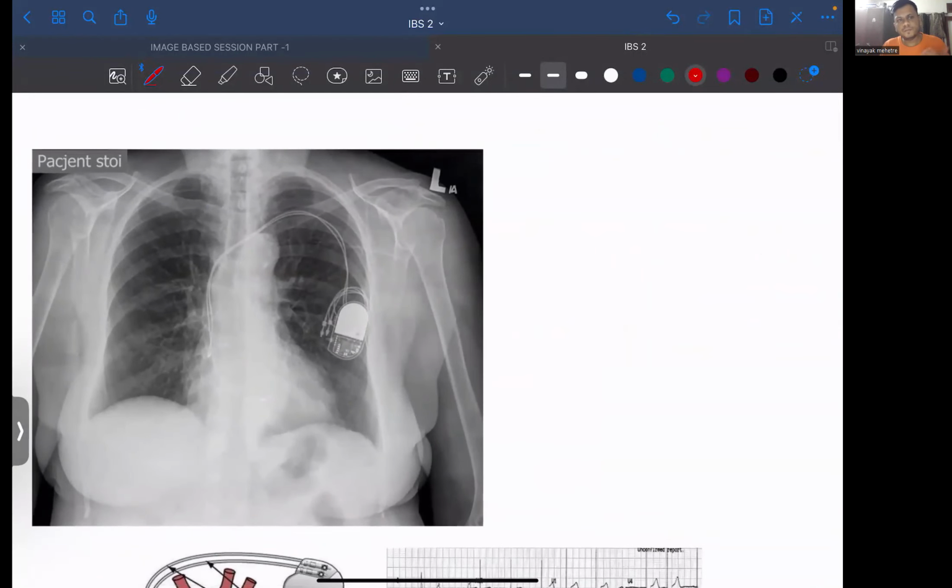Now tell me, what is this first? What do you think? It is a pacemaker. It is put in the heart, right? Yes, it is a pacemaker. Then which pacemaker is this?